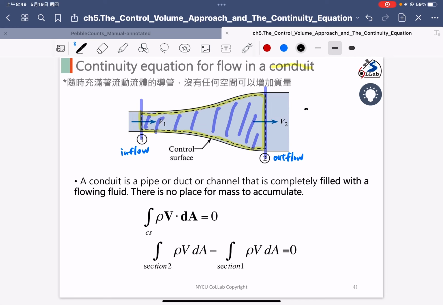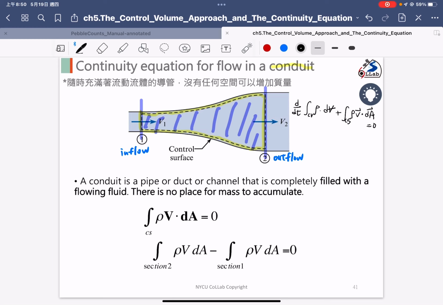We have the integration in the control volume, the density multiplied by the small volume, and the change with time, plus we do the integration along the control surface, with rho v vector dot product with the small piece area vector, will equal to 0.